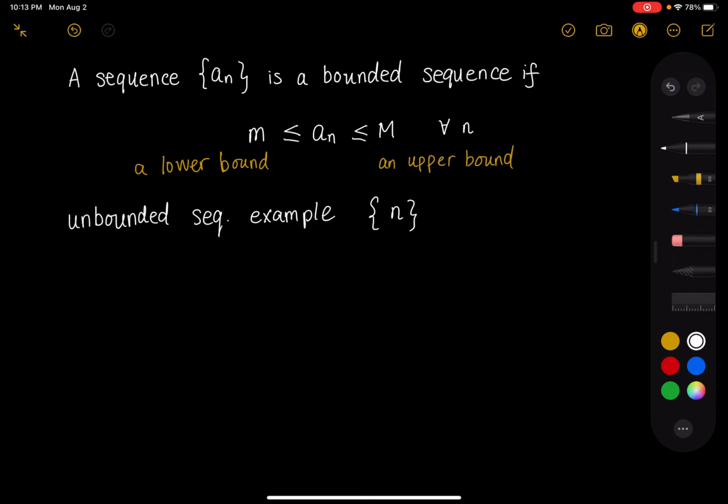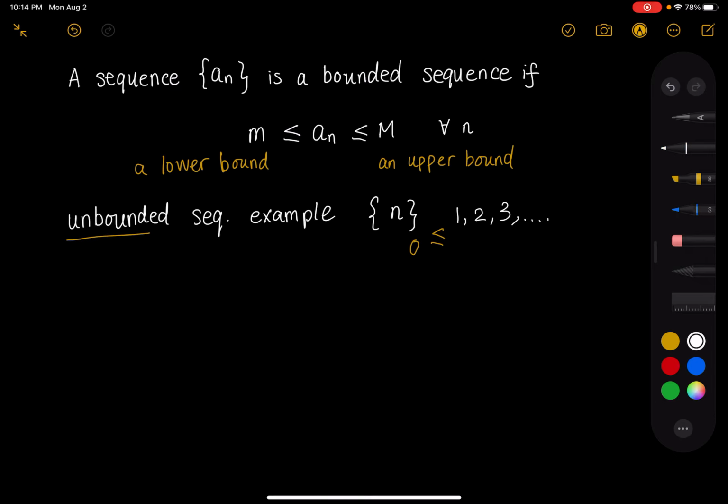What does it look like? n equals 1, 2, 3, and so on. You can never find an upper bound because n can go to infinity. But you notice that it is bounded below. All terms are greater than or equal to 0, or greater than or equal to -1. So it is bounded below, but it's not bounded above, so it's unbounded.